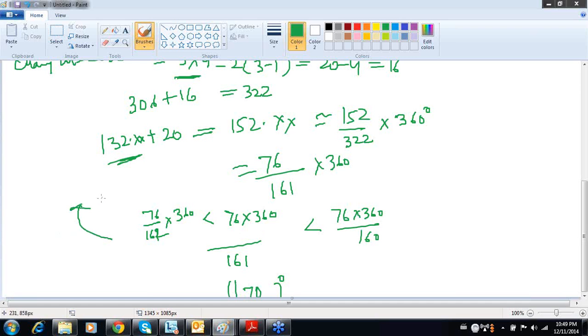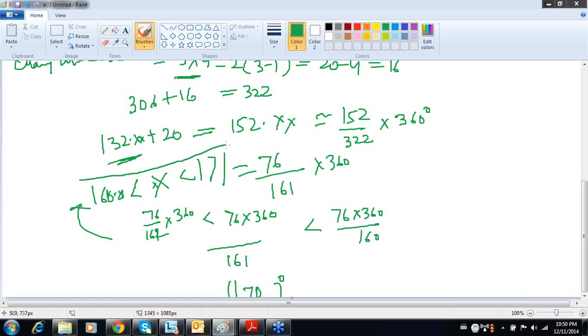It will come out to be 168.89, which is less than 171.